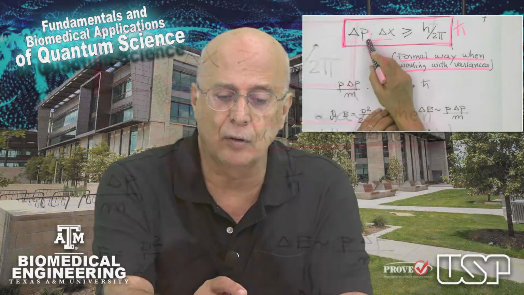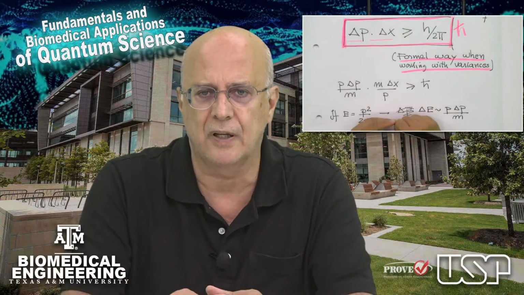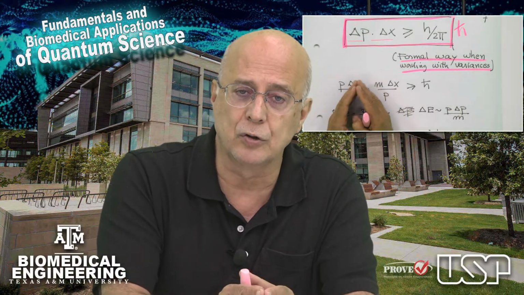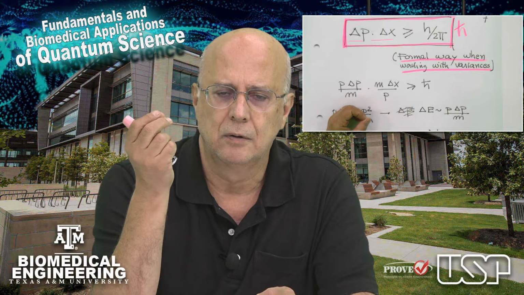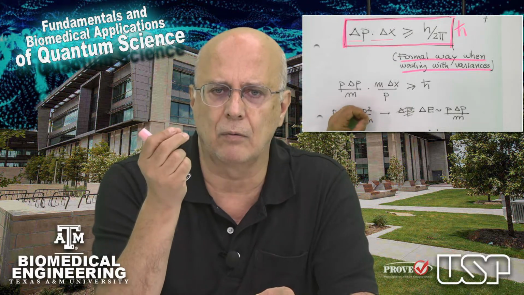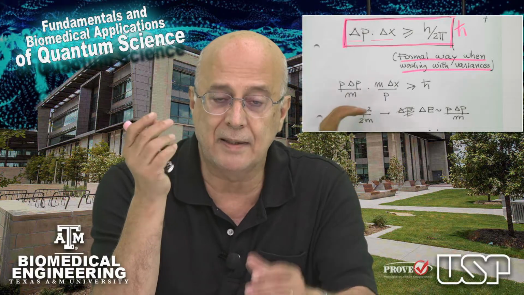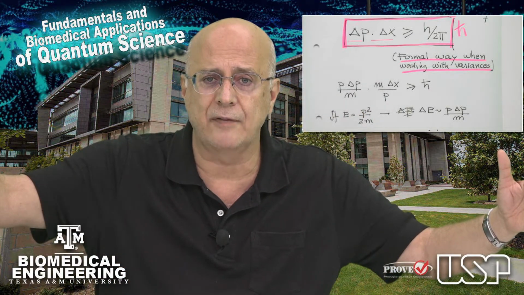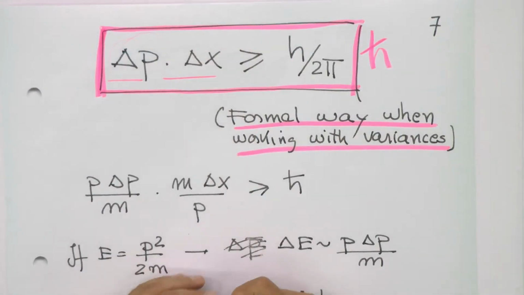Basically, when delta p goes to 0, delta x has to go to infinity. When delta p goes to 0, we collapse to a single wave, a precise momentum, de Broglie wave. But then the wave is a plane wave that occupies the whole space, and delta x goes to infinity.